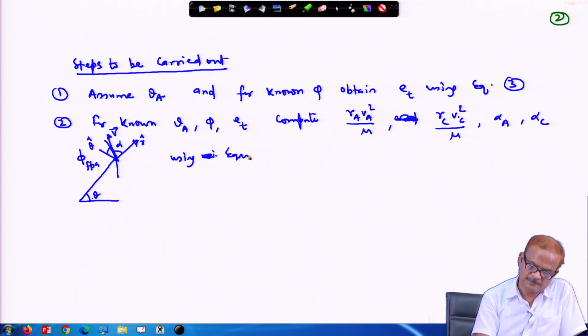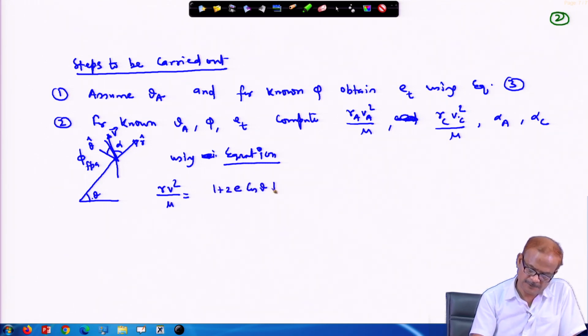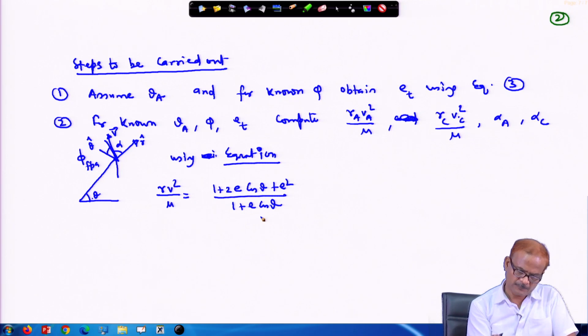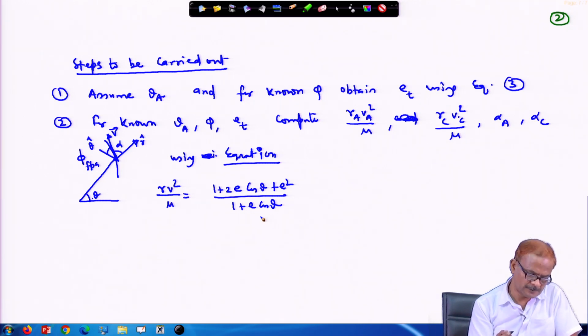Using equation, which equation we have to use, already I have mentioned R a V a square divided by mu equals 1 plus 2 e cos theta plus E a square divided by 1 plus E cos theta. This we need to use, where theta appears as the true anomaly.